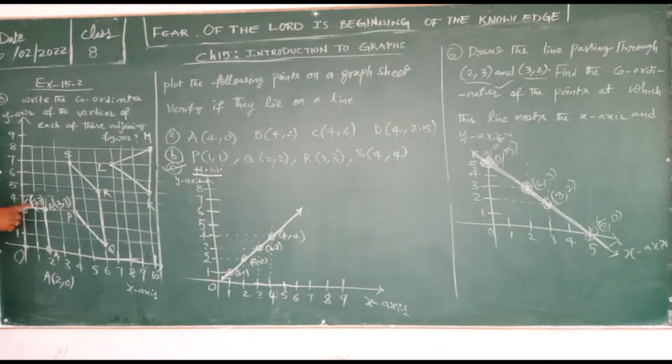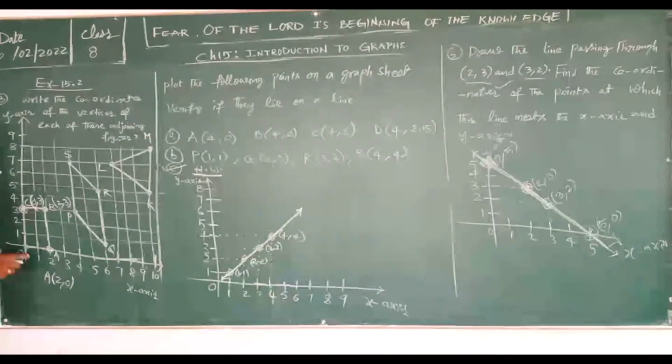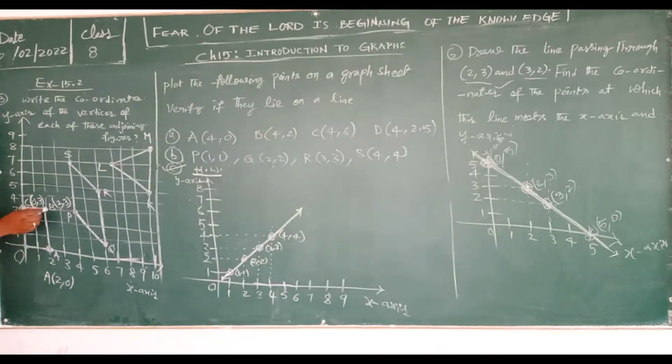You also type your answers in the comment section so that I can understand. So here A is what? X is 2, Y is 0. How to check? Place this point here, 2 is there, that is X is 2, and when you come along this line itself, you find 0. Similarly B: x is 2, y is 3, so 2 comma 3.